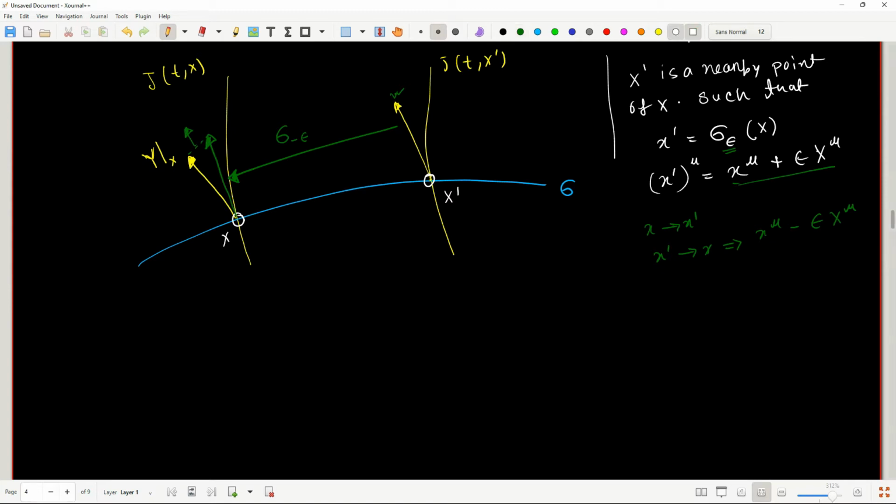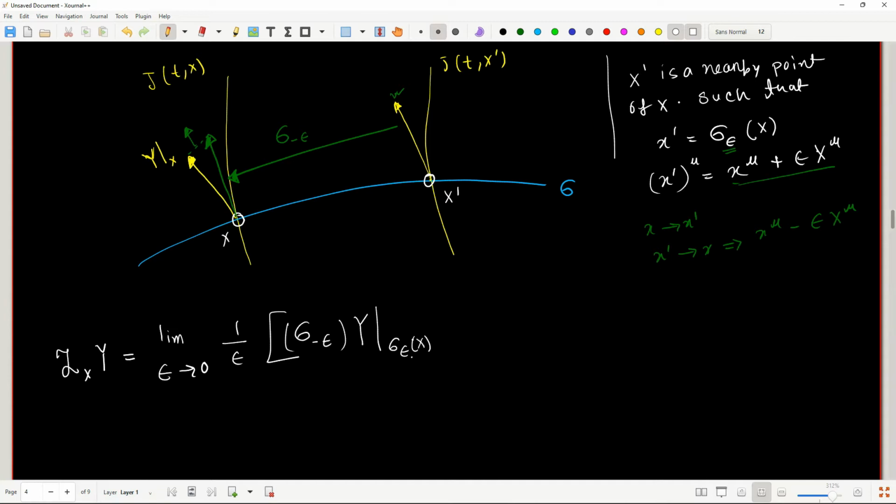So let us now formally define it. L of x y is defined as the following. We have this limit epsilon goes to 0, 1 by epsilon, and we want to have this sigma minus epsilon acting on my vector y at this point x prime, which we denoted by sigma epsilon of x.